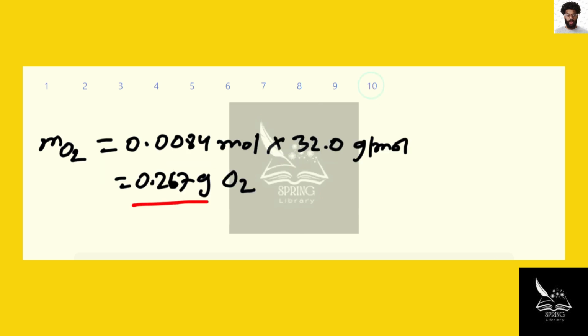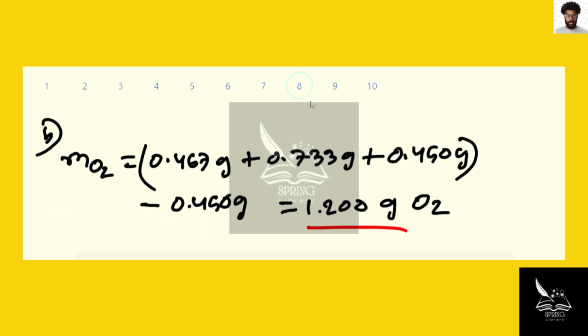So the total amount of oxygen which we need for a complete combustion will be equal to the mass of oxygen which was provided, which is this. So this much oxygen we were being provided in the reaction.